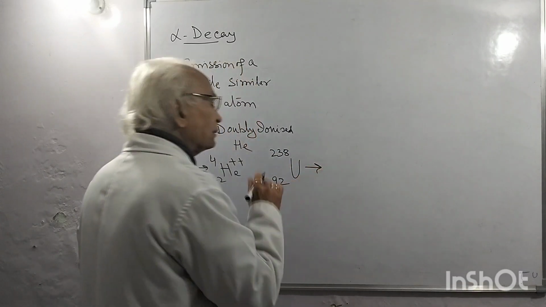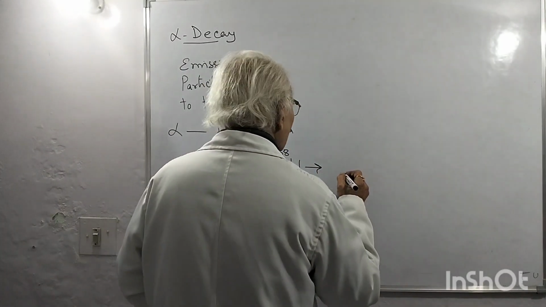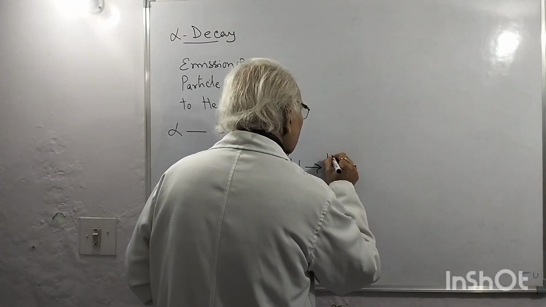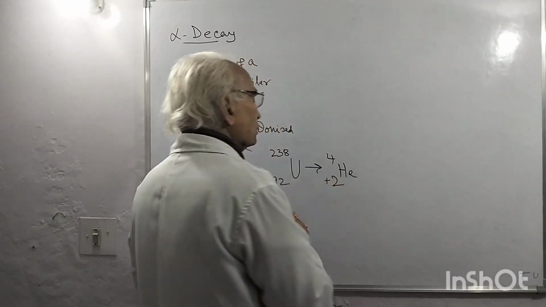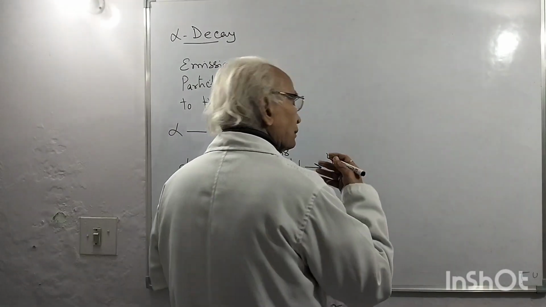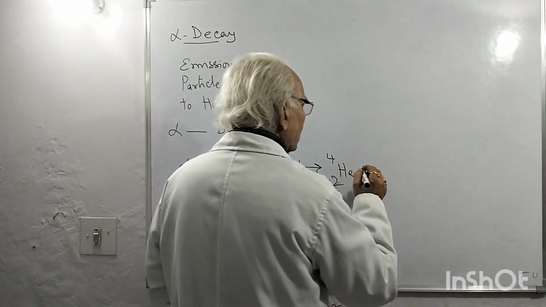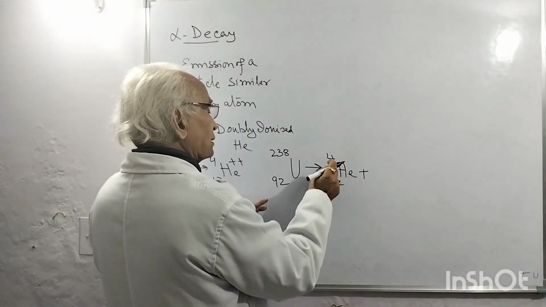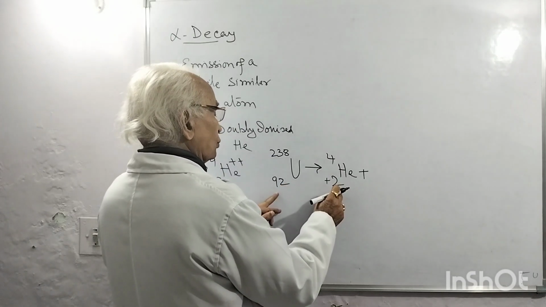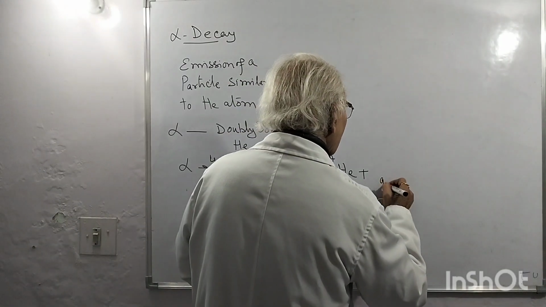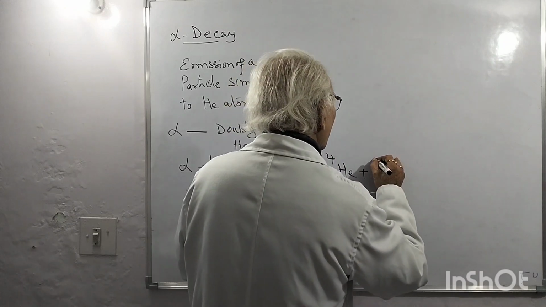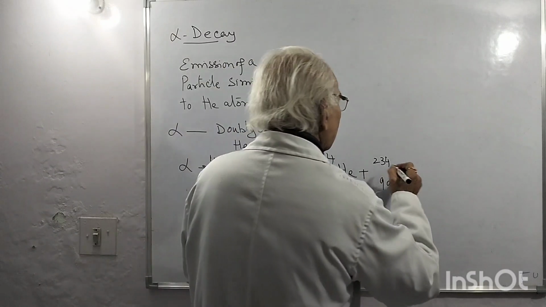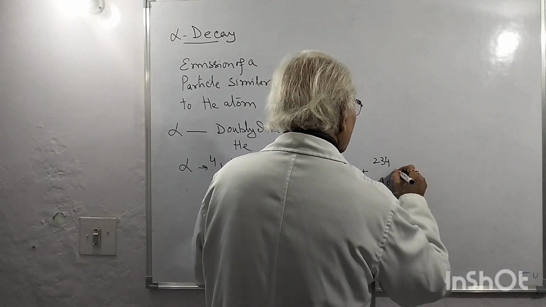Uranium 238 is decaying by emission of He4 with 2 units of charge, just like an alpha particle means 2 electrons removed from helium. Uranium decays by emission of 4 mass less and 2 charge less. So here 90 charge and here 234 mass. So 90, 234, this is thorium.